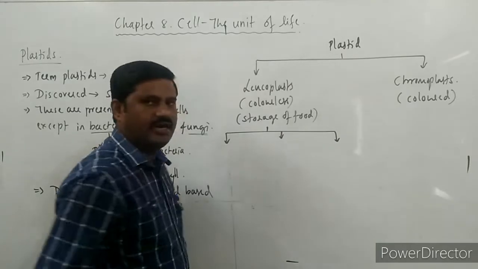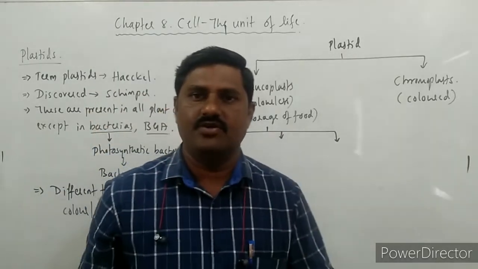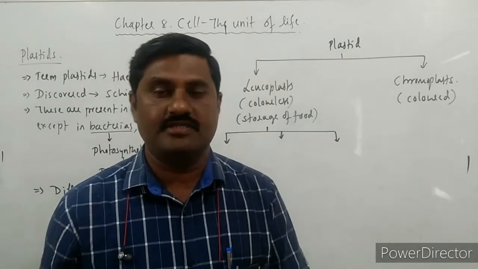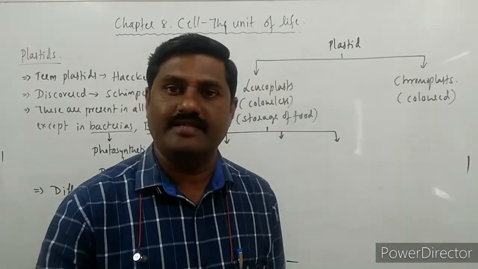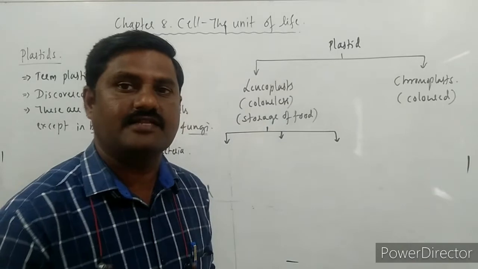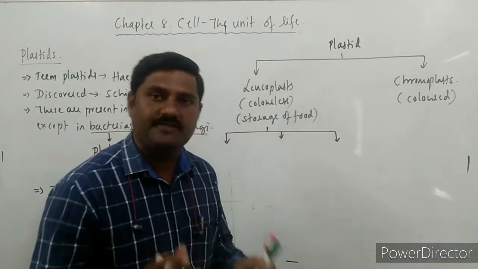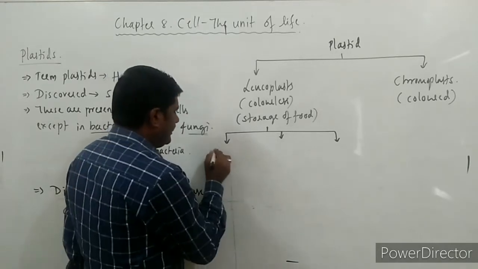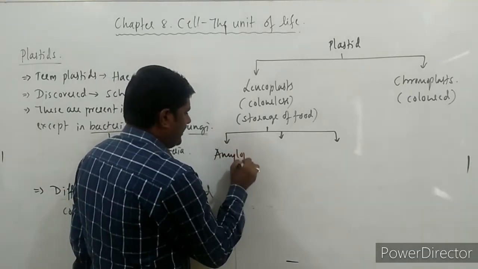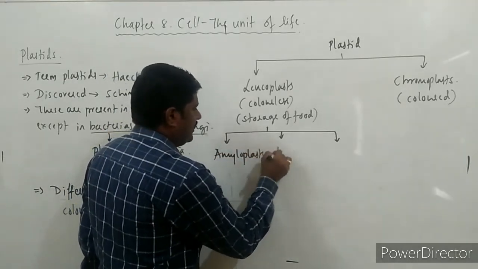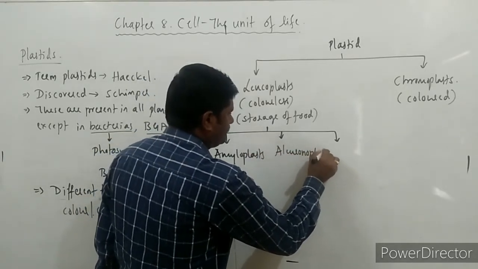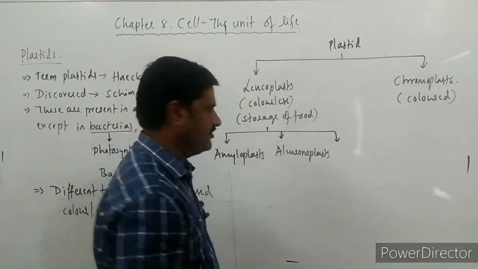So let us see the leucoplasts. On the basis of what they store, they have been classified into three types. What type of food do they store? Whether they store starch, proteins, or oils and fats. Based on that, they have been classified into different types of leucoplasts. Let us see one by one. One is amyloplasts, and aleuroplasts.